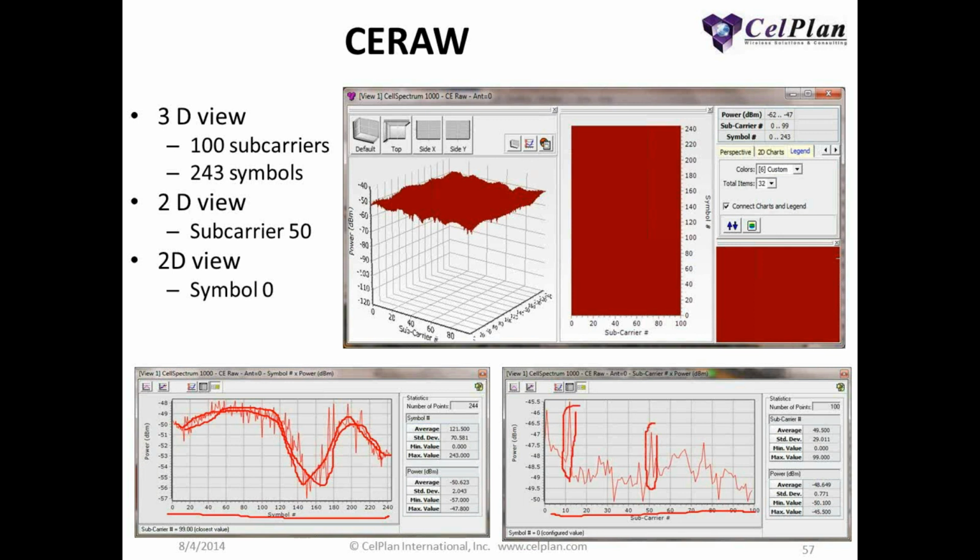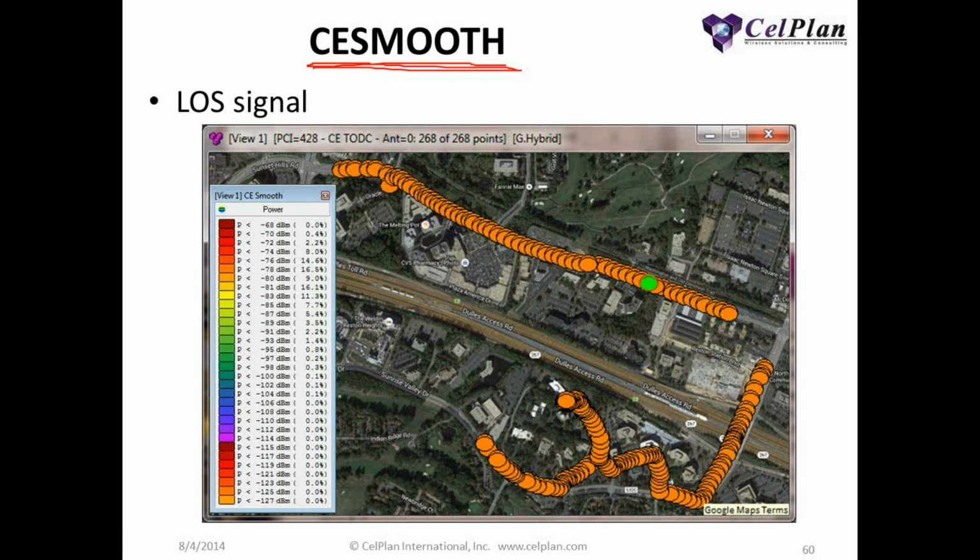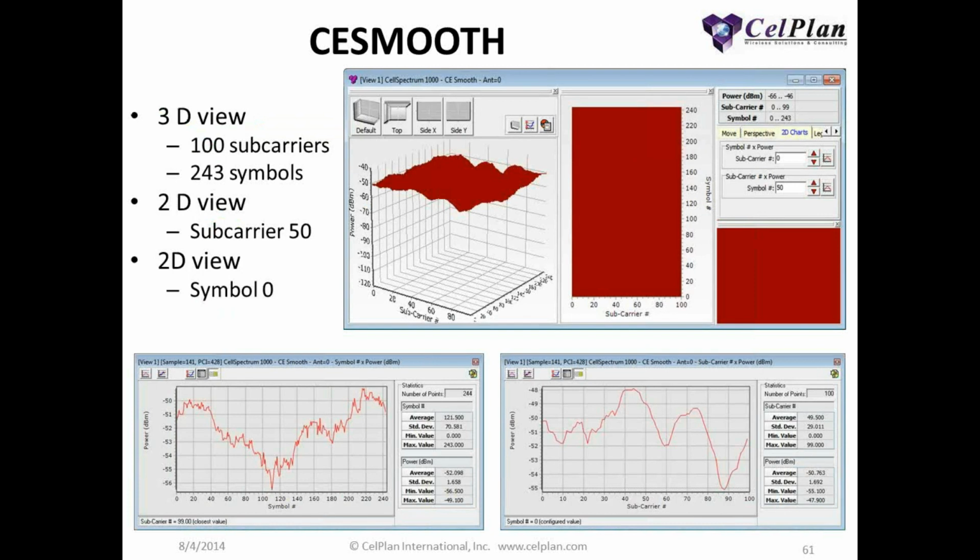Then we go to CS smooth. I'm not presenting all the captures here because it's a lot of captures. Again, the line of sight signal, this is the color table. In CS smooth, we make it smoother because we are filtering, and you can see it here.